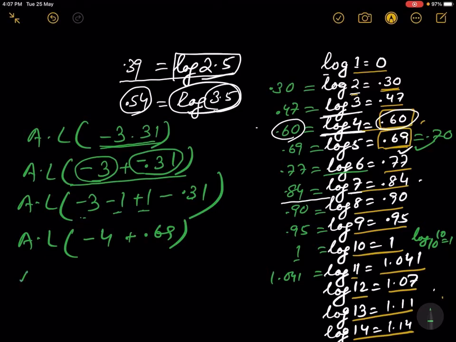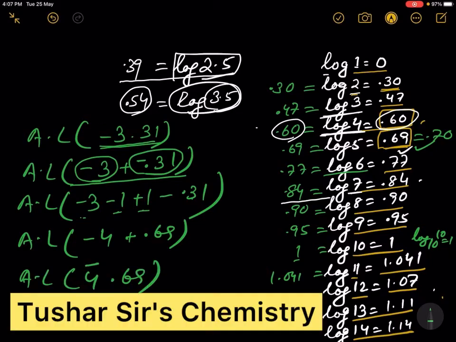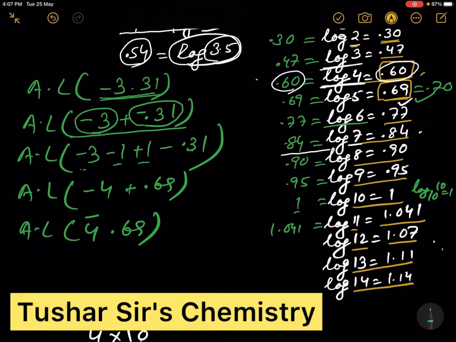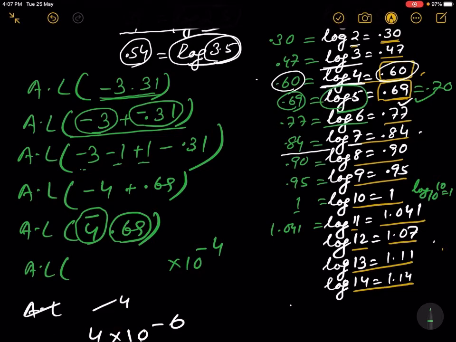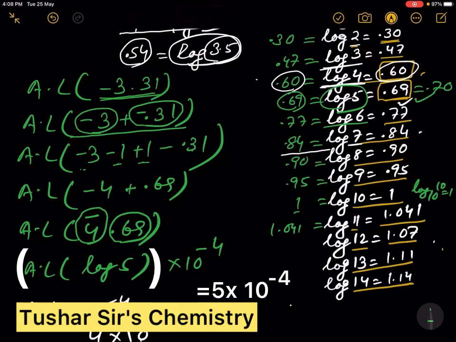When we calculate anti-log, the part before the decimal point is written as 10 to the power minus 4, and this 0.69 is written as anti-log of 0.69. You see 0.69 is equal to log 5. Anti-log and log cancel, and this becomes 5 into 10 to the power minus 4.